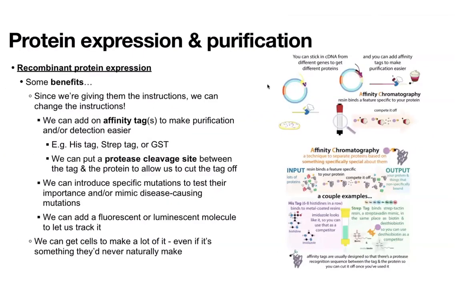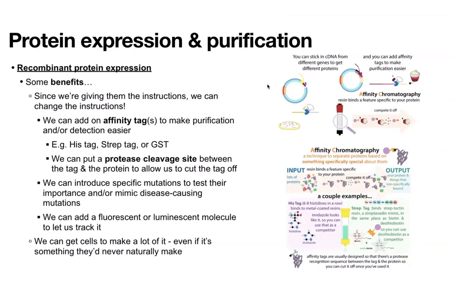So one of the benefits of recombinant protein expression, as we just mentioned, is that we can look at domains. Because we're putting the genetic information in, we're telling it what to make, so we can alter the instructions for what we want it to make. We can do things like study a domain in isolation or introduce other sorts of mutations. Even if we want to study the normal version, we can stick a tag on the end.